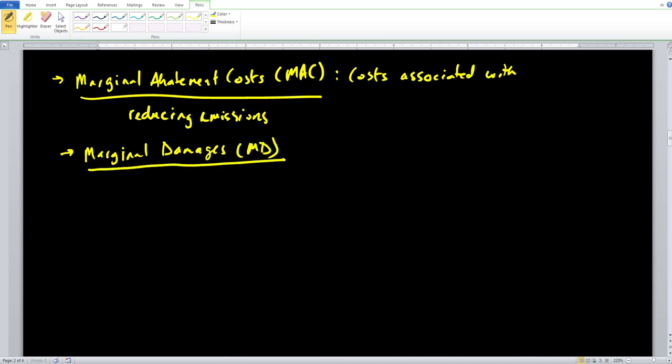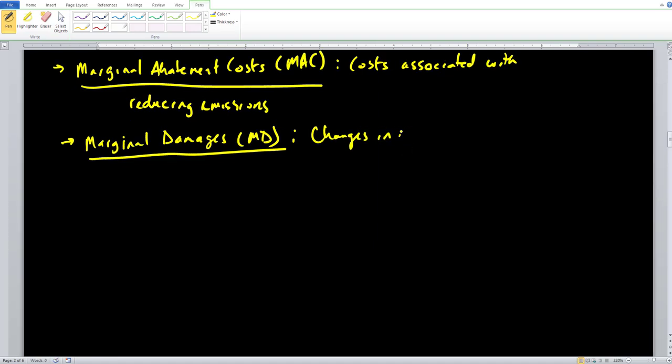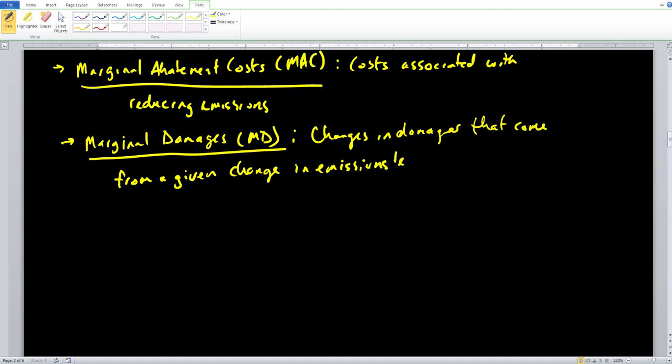As we said, marginal damages are changes in damages that come from a given change in emissions levels. So exactly how much damage is society facing when we increase the pollution or emissions?